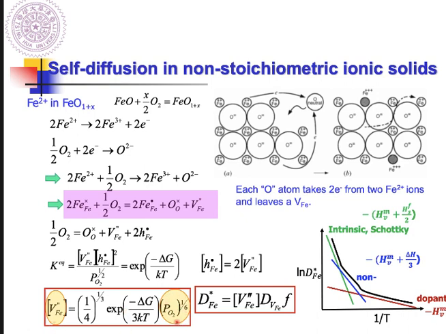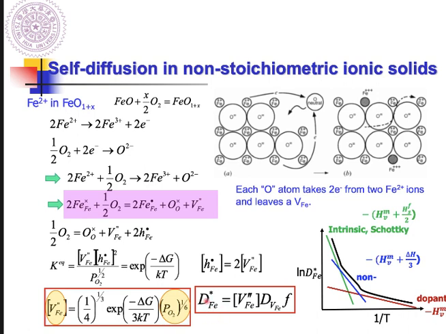So what is the application for this type of material that has a non-stoichiometry effect? This type of material is always used as an oxygen sensor or gas sensor, because the vacancy at the ion site will be proportional to the partial pressure of oxygen and also to the diffusivity of the ion.